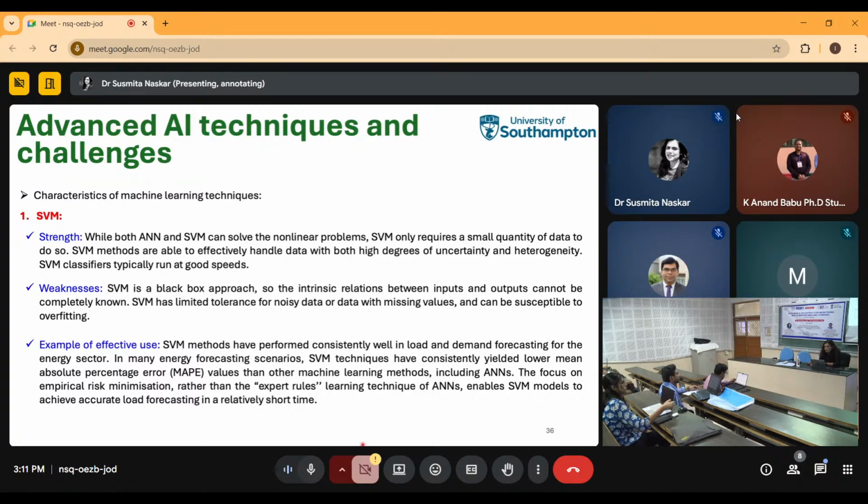This means that energy companies can predict the demand more reliably and faster, allocate resources more efficiently, and ultimately that can help reduce the cost. So SVM represents a very powerful machine learning technique with several advantages, as we said, particularly its effectiveness with small data and its strong performance in real-life scenarios like energy forecasting or many other cases.